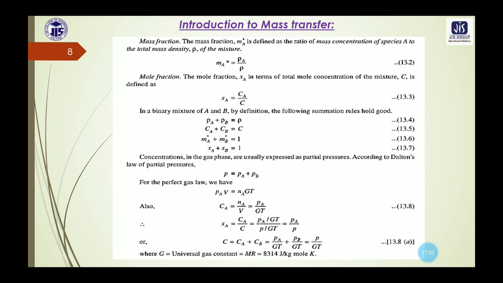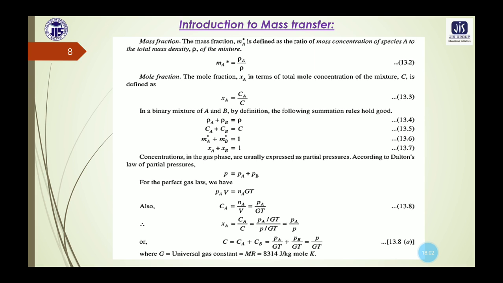Now for the perfect gas law, we have PaV equals NaGT. Also the molar concentration Ca equals Na by V, which equals rho A by Gt, from the perfect gas law. So x equals Ca by C, which is ultimately equal to Pa by P. And capital C equals Ca plus Cb. We can see this relation in 13.5.